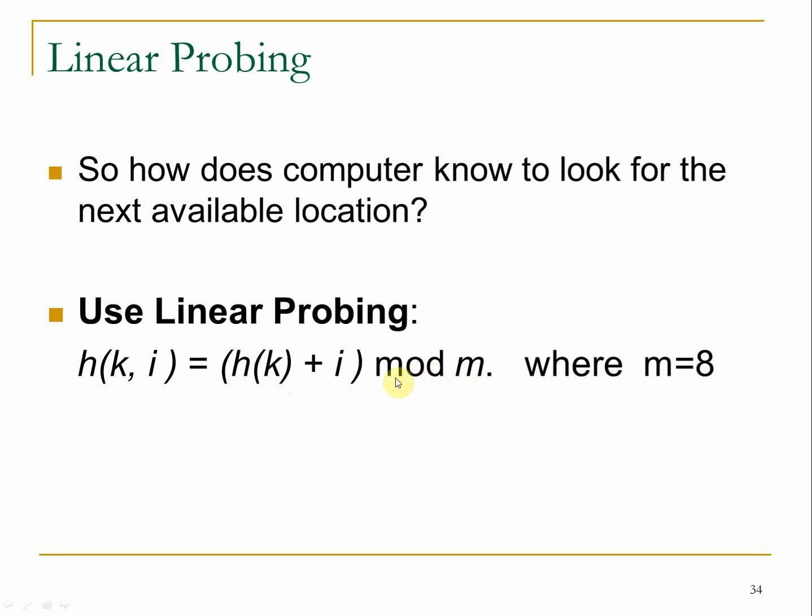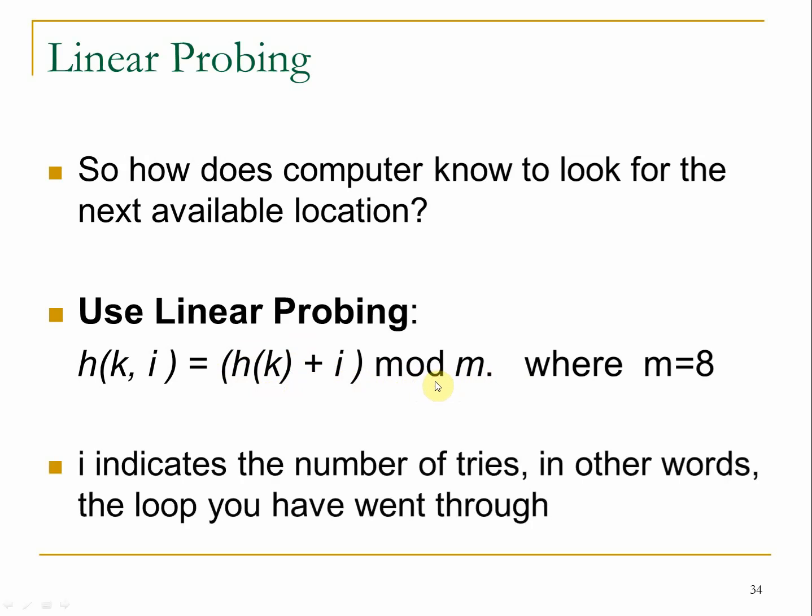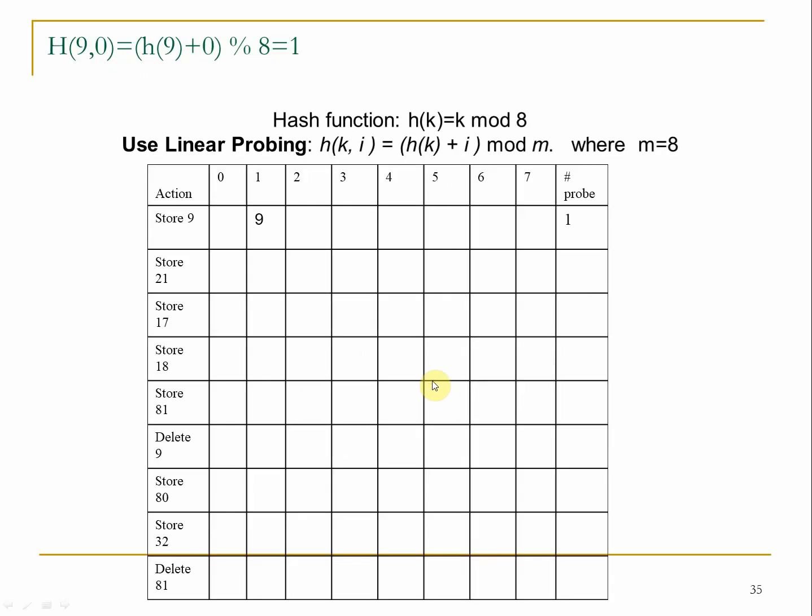You may have a question: why is there another mod m? Because that mod already exists in the hash function. This mod operation is trying to help you with the following. If you have some home position mapping to 7, and that is not available, how would you look into the next location? Your value will be that home position plus 1, one more.